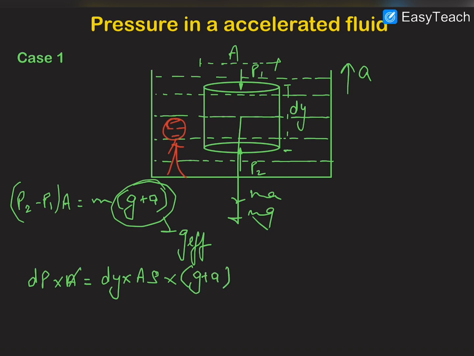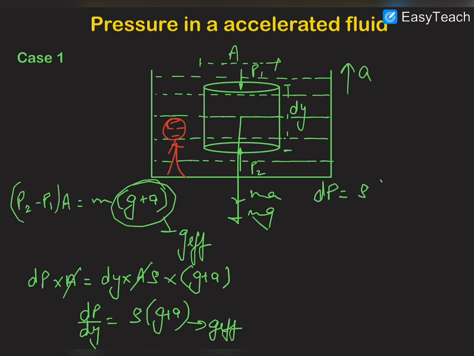Cancelling A with A, dp by dy will be equal to rho into (g plus a), which is rho g effective. This dp by dy is the pressure gradient.